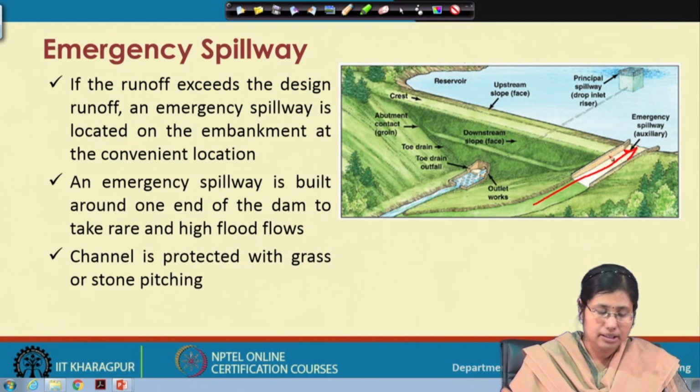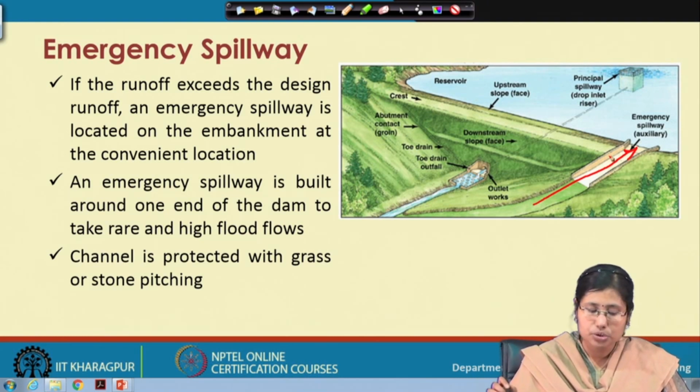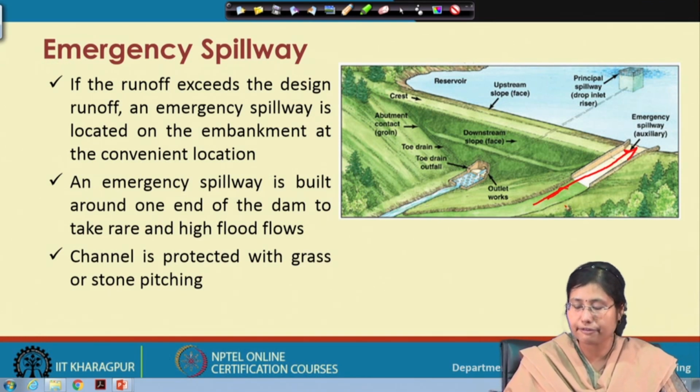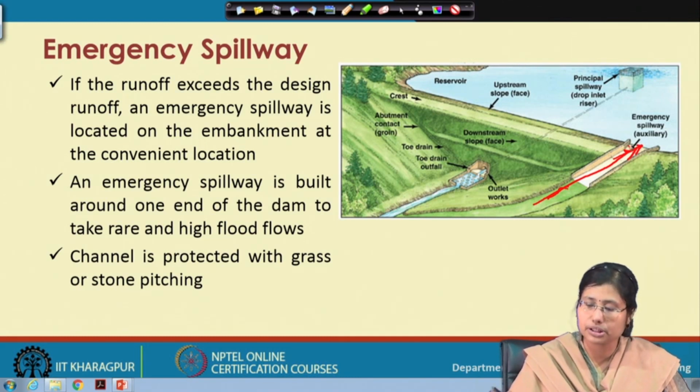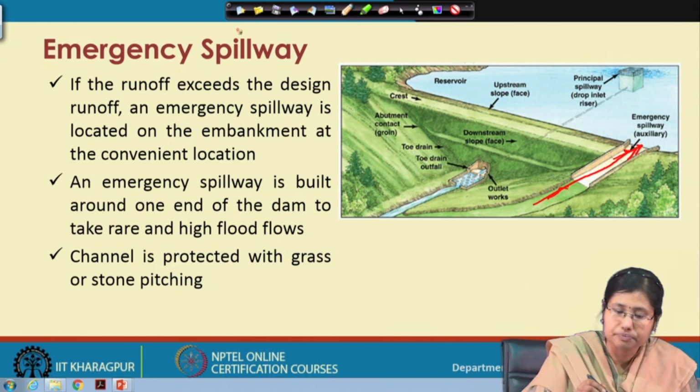It is built around one end of the dam to take care of very high flood flows, and the channel is protected with grass or stone pitching, so that the effect of runoff can be reduced and dampened, and the velocity of flow can be reduced.